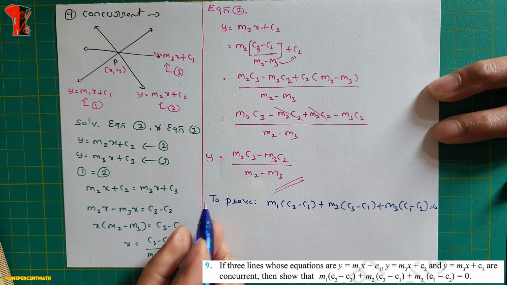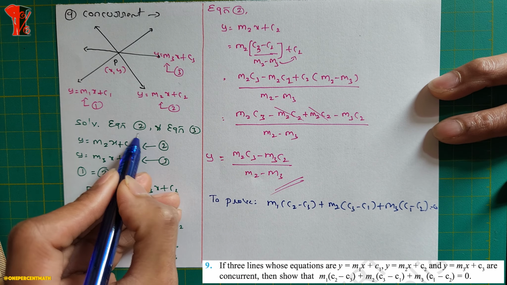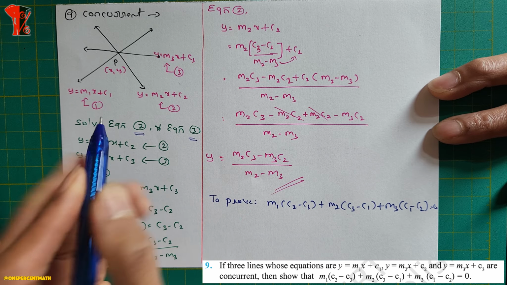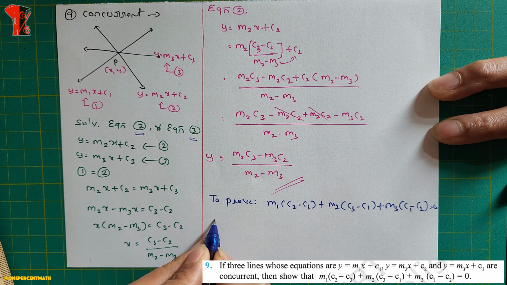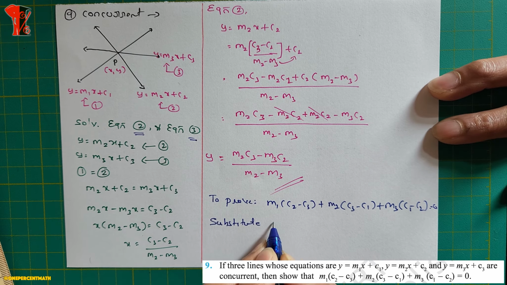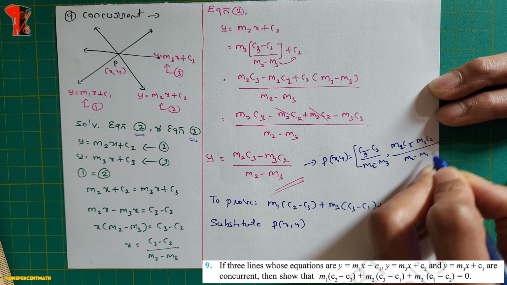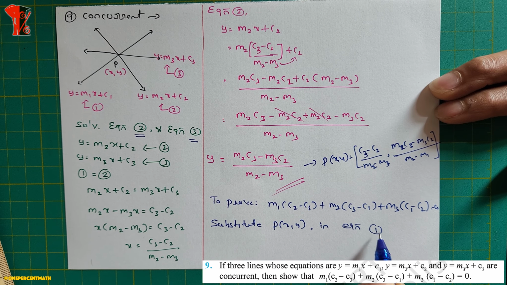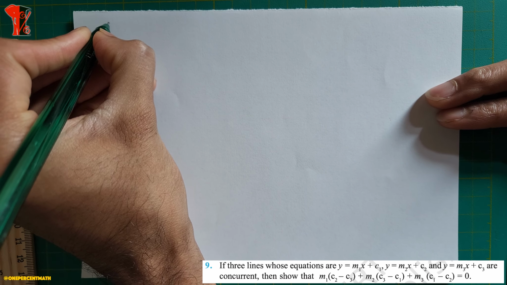To prove this, we'll substitute x and y in equation 1, because we had used equation 2 and equation 3, right? Equation 1 we haven't used. So let us substitute in equation 1.